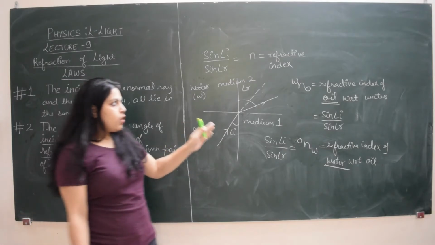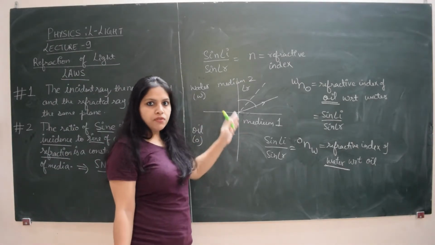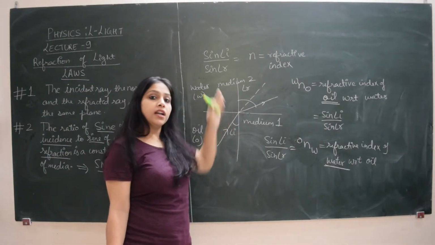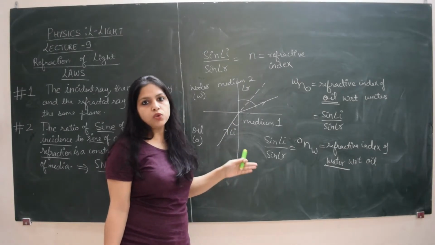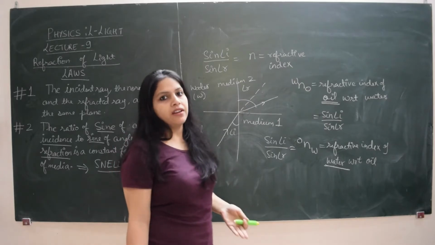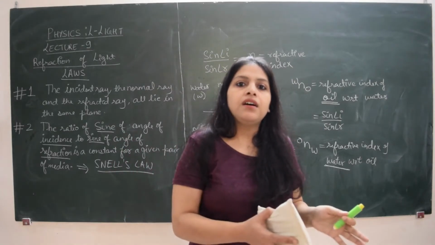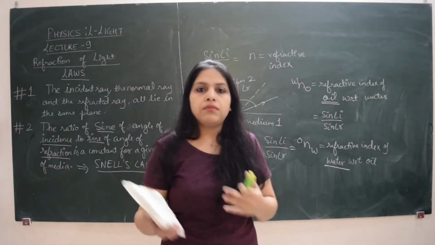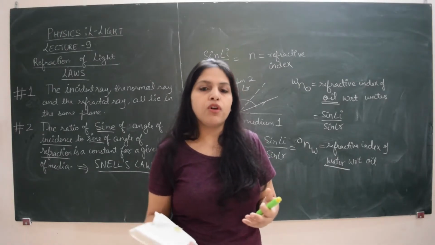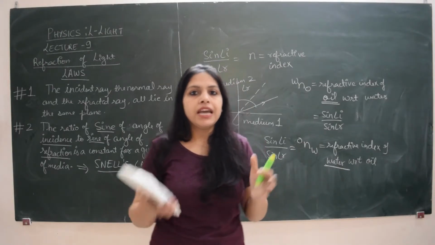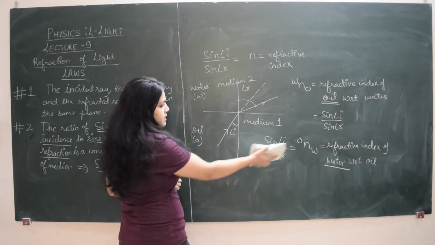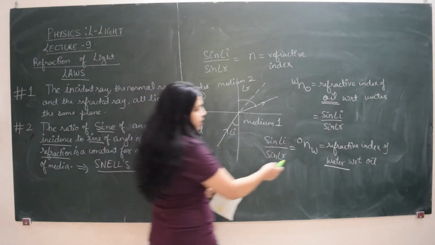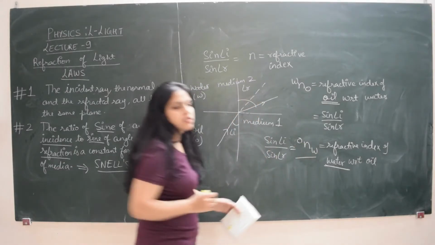So, when we talk about the refractive index of one known medium with respect to another known medium, this particular refractive index is also known as the relative refractive index, as we are comparing the passage of light, the motion, or we can say the flow of light, movement of light in one medium with respect to the another medium. So, this thing is known as relative refractive index.